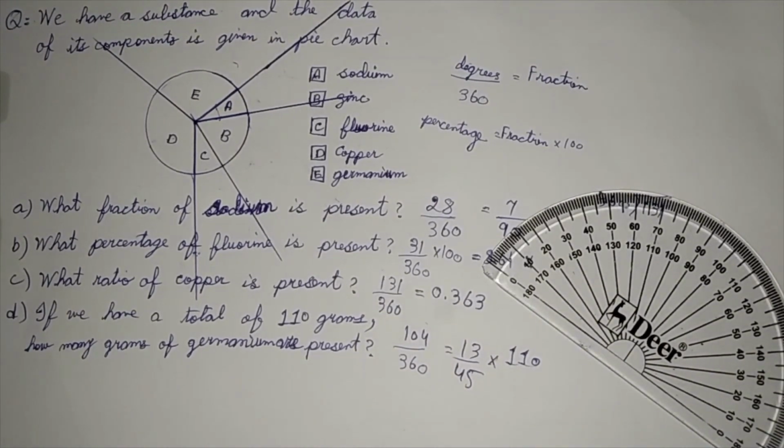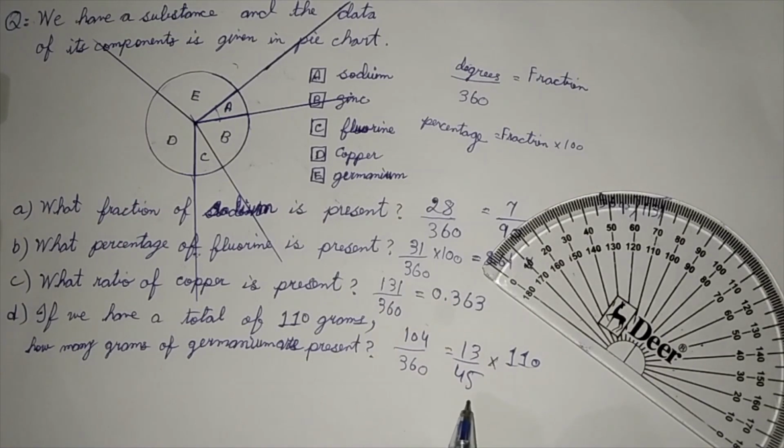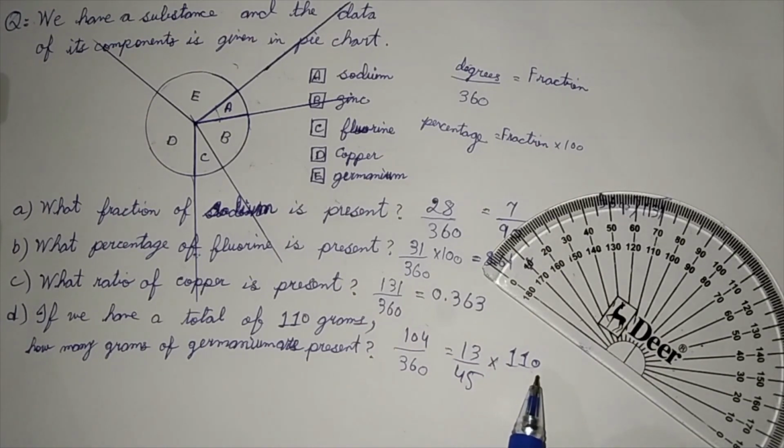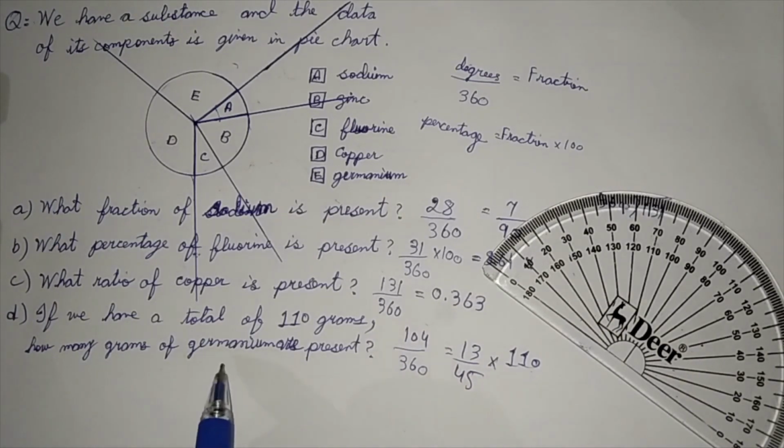It means that this fraction, 13/45, of the total amount is actually our grams of germanium.